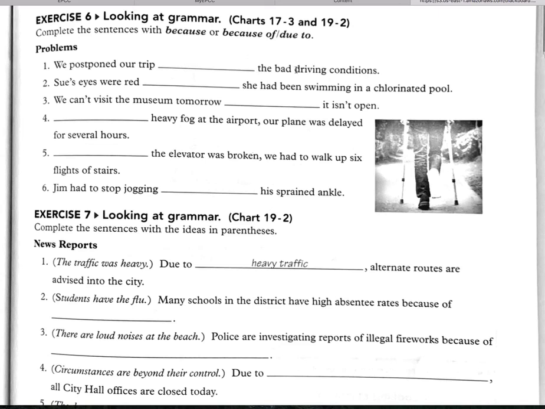So we look at the bad driving conditions. Is that a subject and a verb, or is that a noun object? It's a noun object, so we can say we postponed our trip because of the bad driving conditions or due to the bad driving conditions. Go ahead and do number 2, 3, 4, 5, and 6, and then we'll check in a minute.